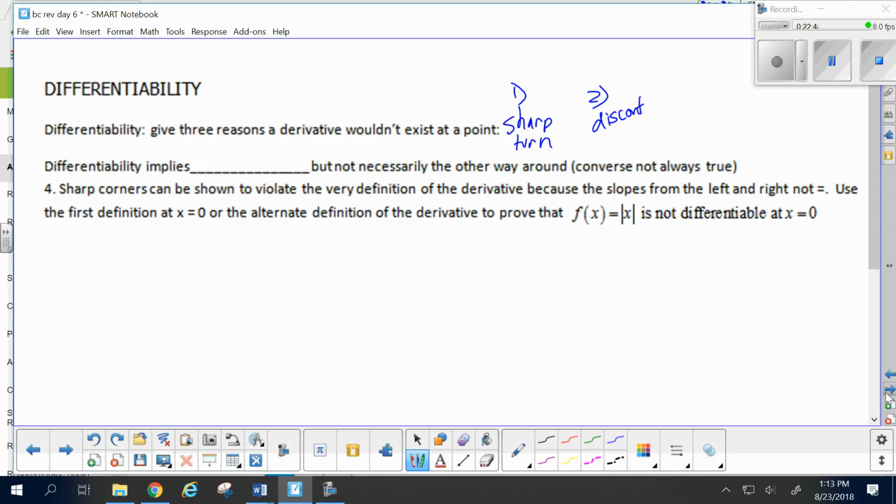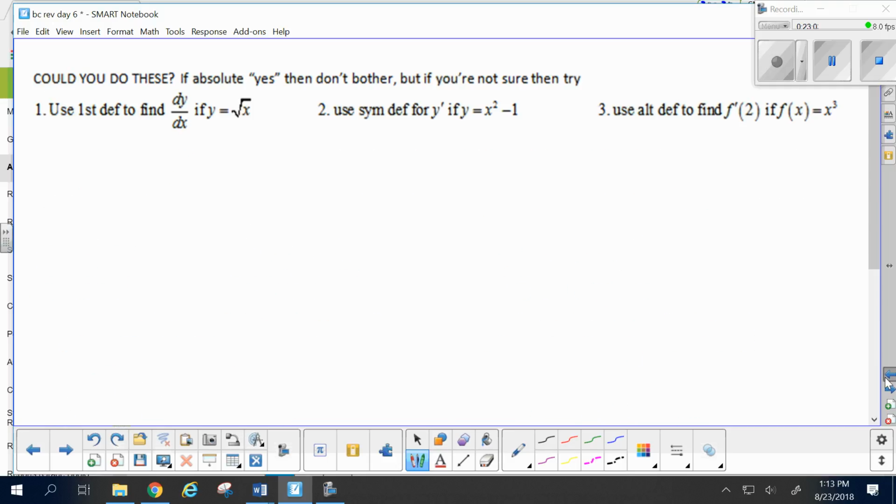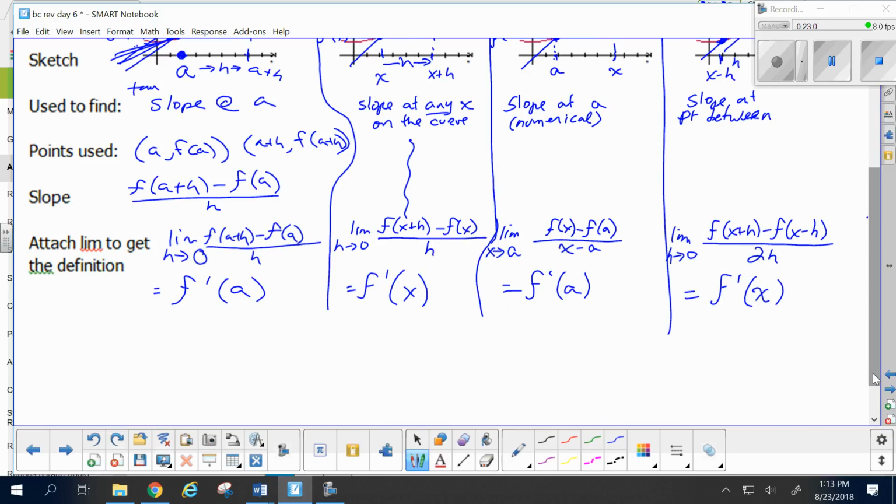You cannot take a derivative at a discontinuity, at an asymptote or a hole. The derivative doesn't exist there. Okay? Think about it in terms of the definition of the derivative. It's hard to say, hey, the definition of the derivative at a, if f at a doesn't even exist. So it just all breaks apart.